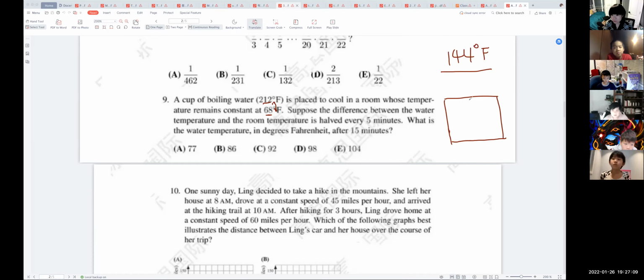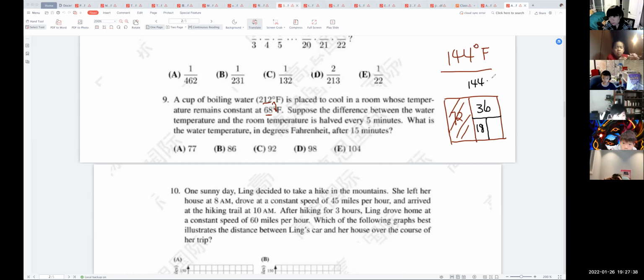Because water can only drop down. So the first 5 minutes, the half of the difference is what? It is 144 divided by 2. It is 72 degrees. Which leaves the difference at 72. Right? Then the next 5 minutes is half of what remains, so it is 36. Right? Then the next 5 minutes is half of that again, so it is 18. So this whole block is 144.